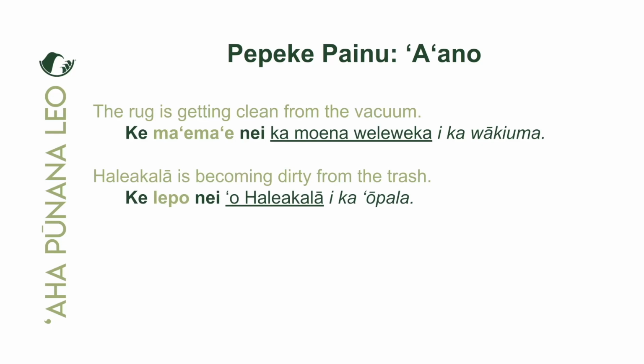For example, maʻemaʻe, it's becoming the condition of clean. In this case, it's becoming the condition of dirty. What is becoming dirty? O Haleakalā, right? Haleakalā, the crater on the island of Maui, is becoming dirty.